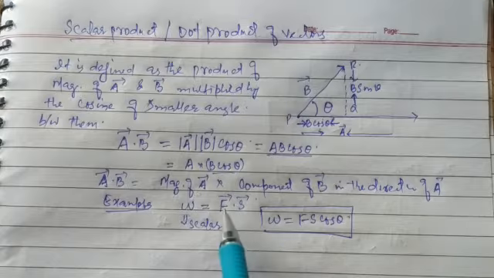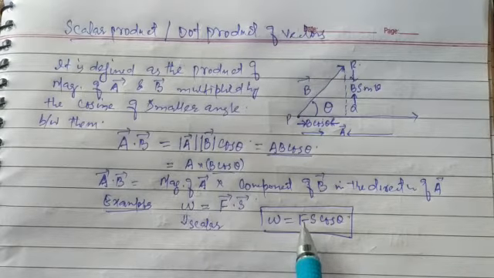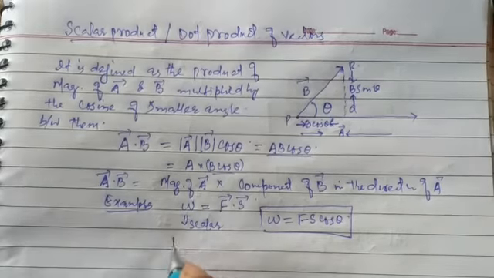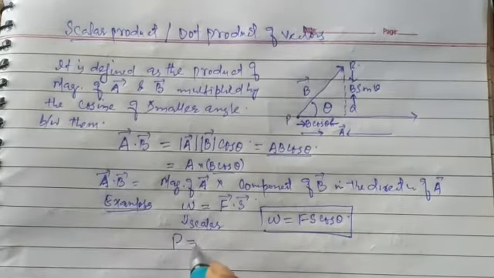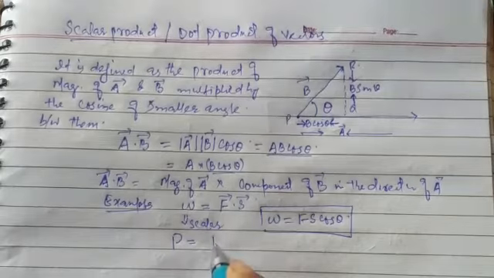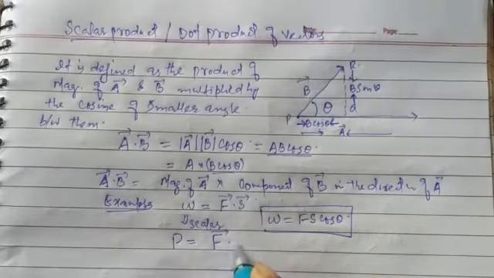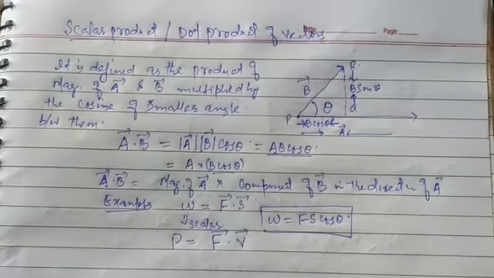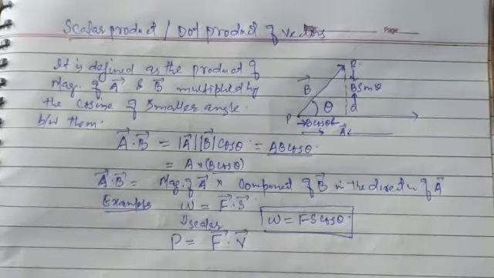Thus the work is equal to the product of the magnitudes of force and displacement and the cosine of the angle between them. Or you can have power equal to F dot V, where F is the force and V is the velocity.